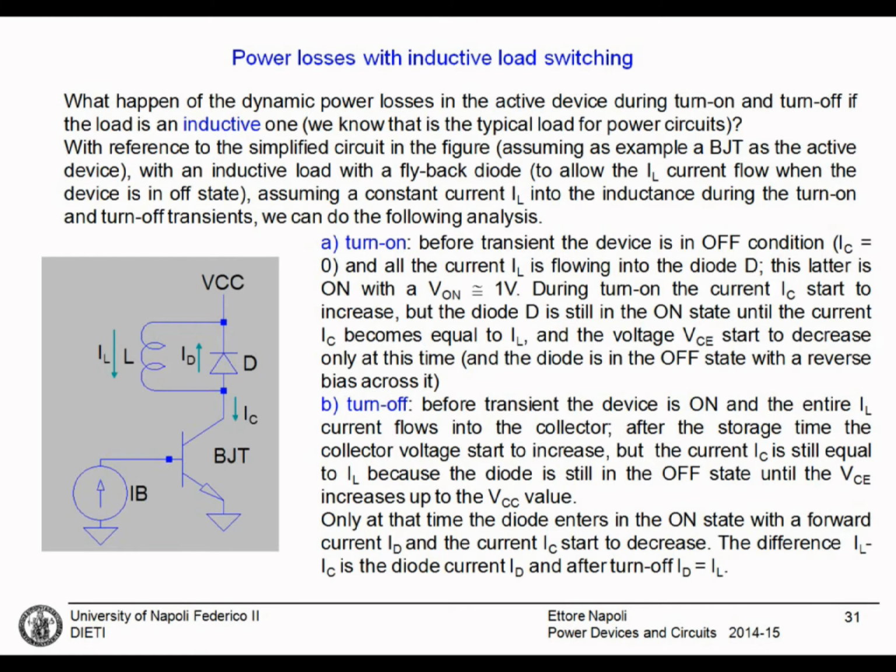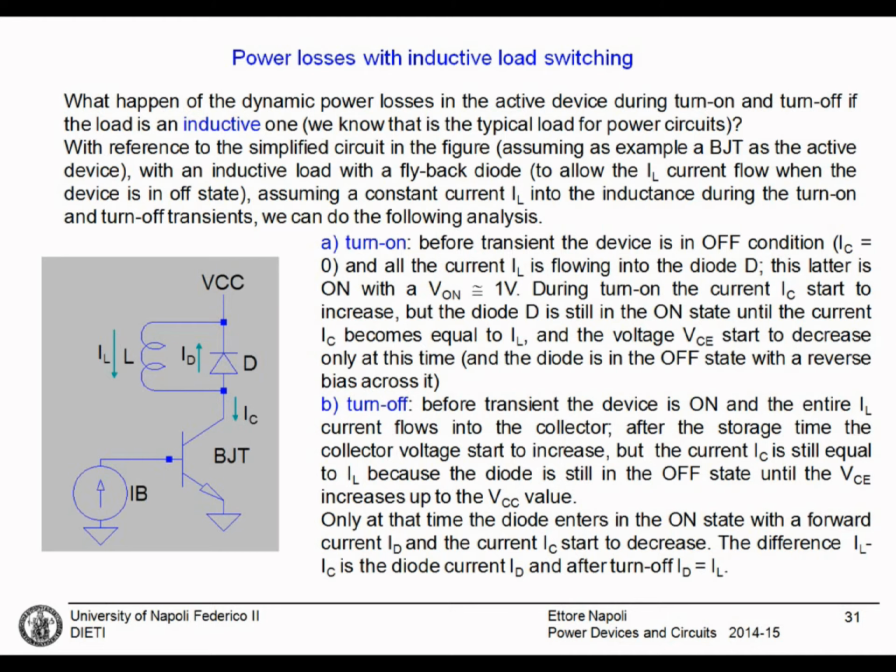Only at this point the reverse voltage on the diode can be positive, and this voltage can decrease. This means that only at this point the voltage on the device decreases, while the current is at its maximum.